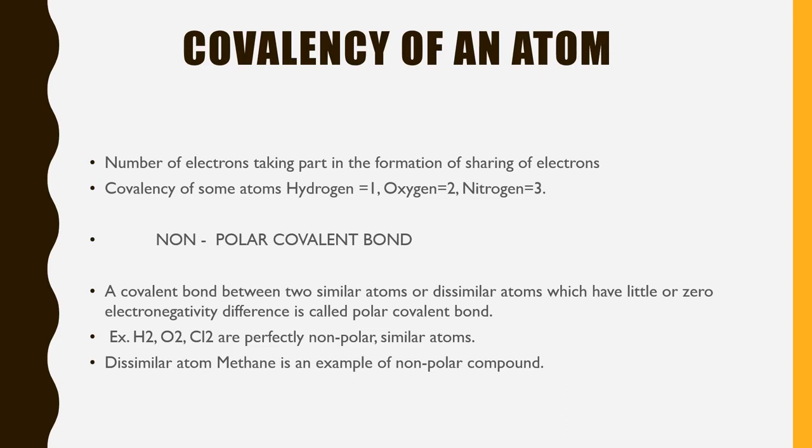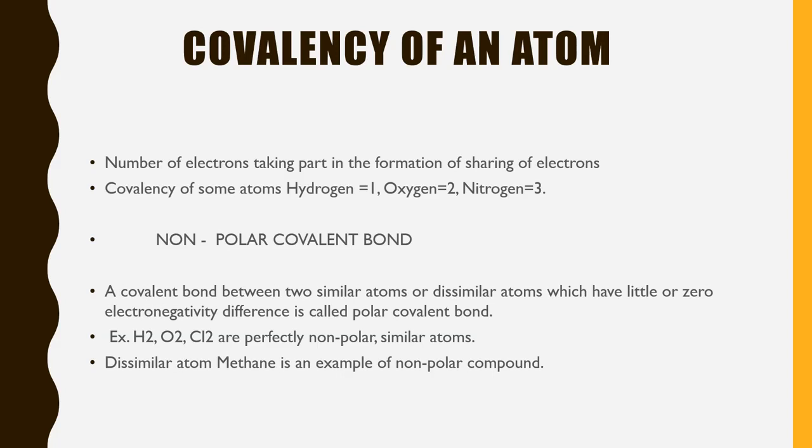Next, we are moving to the topic non-polar covalent bond. So what is non-polar? Here, the covalent bond may be between similar atoms or different atoms. Whatever it may be, the difference in electronegativity is very little or near to zero. We can say that covalent bond is a non-polar covalent bond.